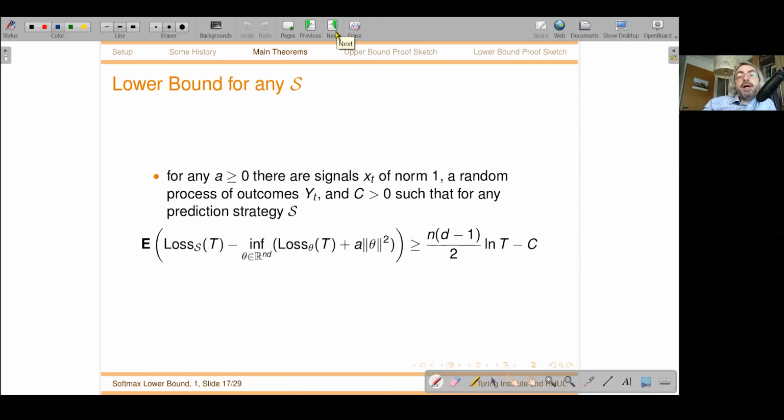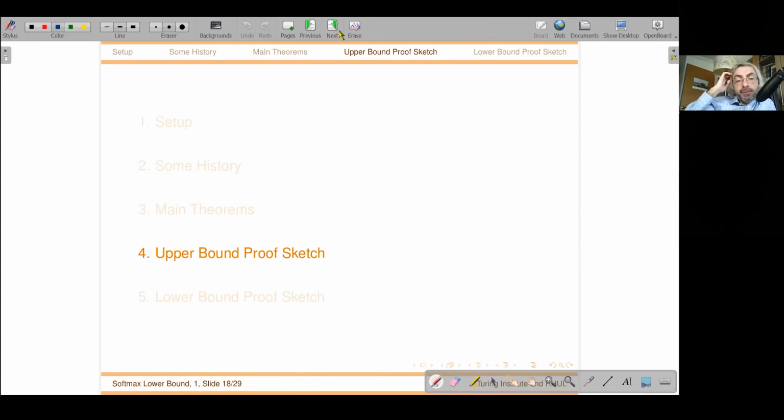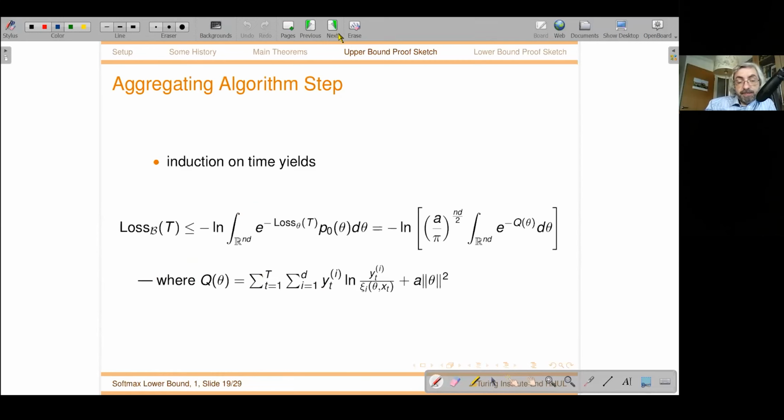Right. Now, let me say a few words about the proof techniques, about the proof ideas. First, the upper bound. Well, the first step is the general step which appears in the theory of the aggregating algorithm or other Bayesian mixtures. In the course that I teach, I call this the wealth inequality.